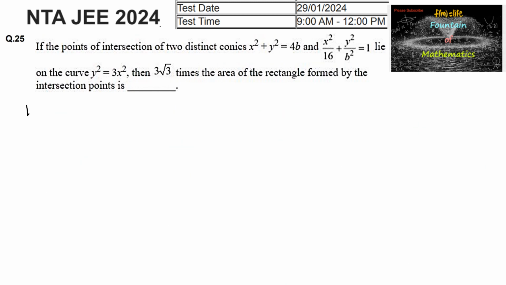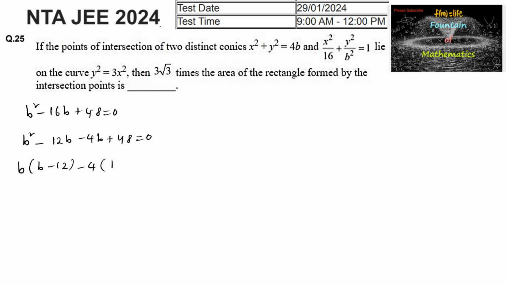So factorizing, b square minus 12, 4 12s are 48, so minus 12b minus 4b plus 48 is equal to 0. So b taken common, b minus 12, minus 4 taken common, b minus 12 is equal to 0. So b minus 4 into b minus 12 is equal to 0. So we may get b is equal to 4 or b is equal to 12.